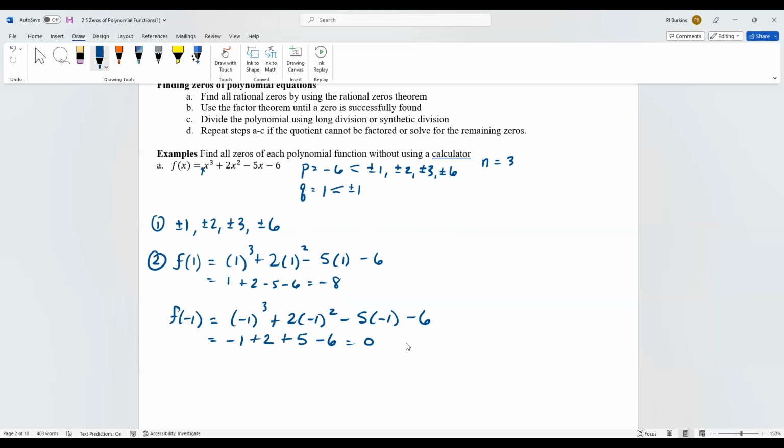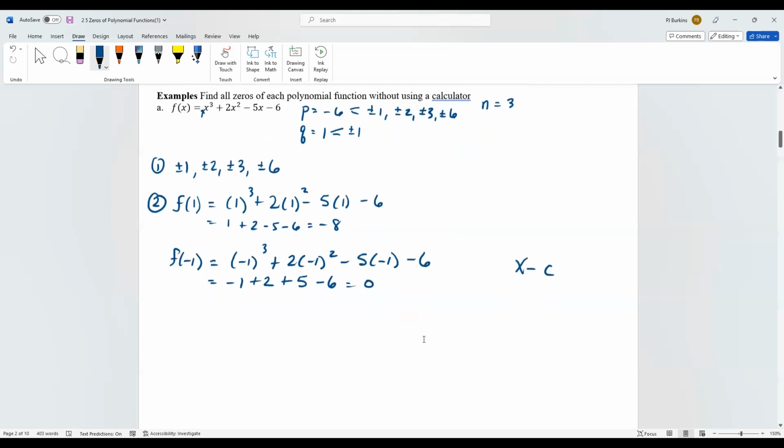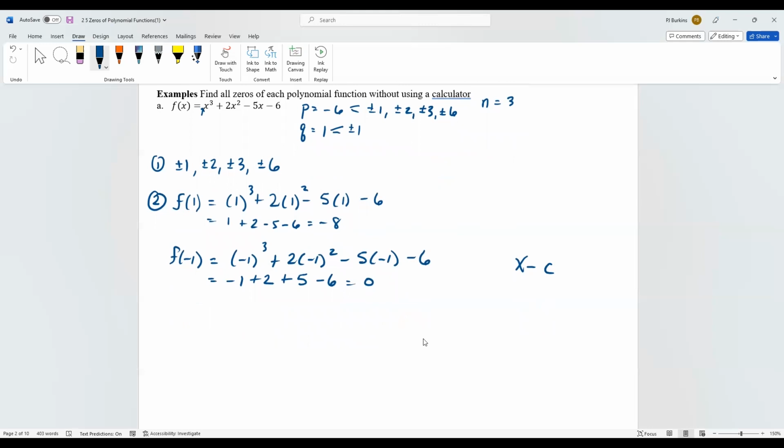Now remember, that means that if negative 1 is the 0, then the factor is x minus c. So our factor here, that we expect, is x plus 1, right? Because it was x minus a negative 1.